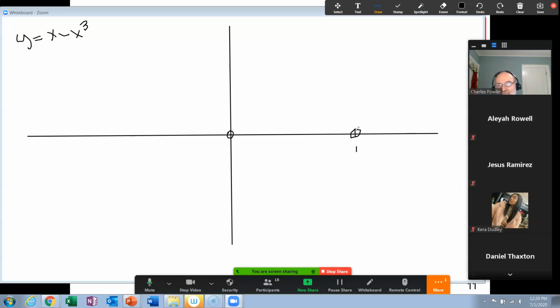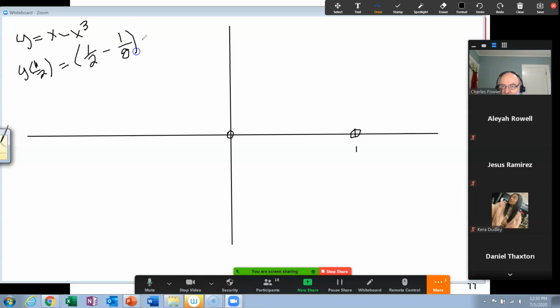When x is equal to 1, y is also 0. Now, let's see what happens in between. Like maybe 1/2. When x is equal to 1/2, y is equal to 1/2 minus, and that would be 1/8, right? 2 times 2 times 2, yeah, that's 1/8.